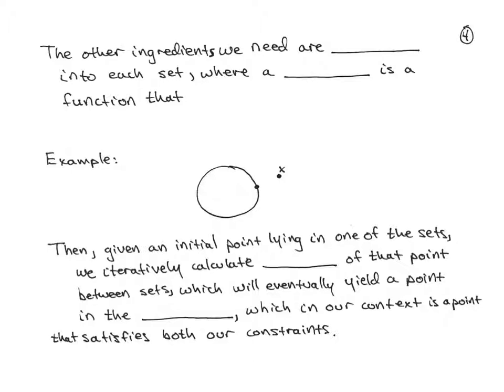Aside from definitions of the two sets we care about, the other ingredients we're going to need for this are projectors that take any given point, an arbitrary point, into each set, where a projector is a function. Again, a projector is a function that takes a point inside or out of that set and yields the point in the set that's closest in the Euclidean sense.